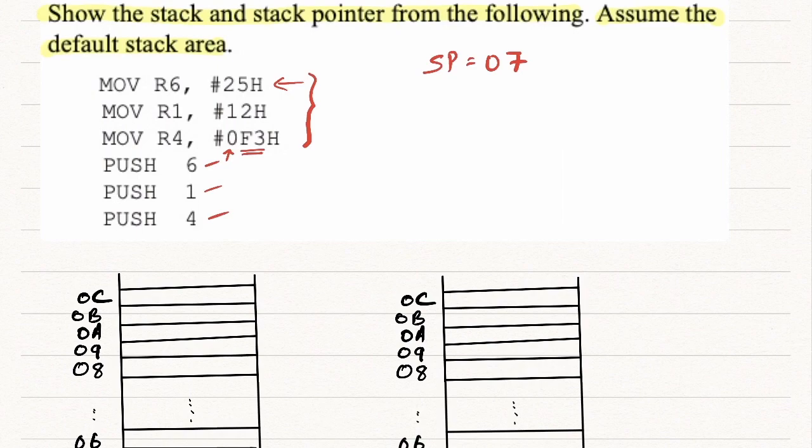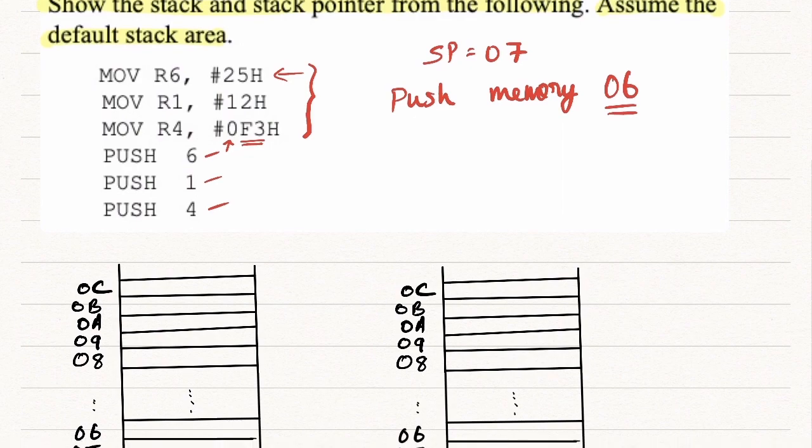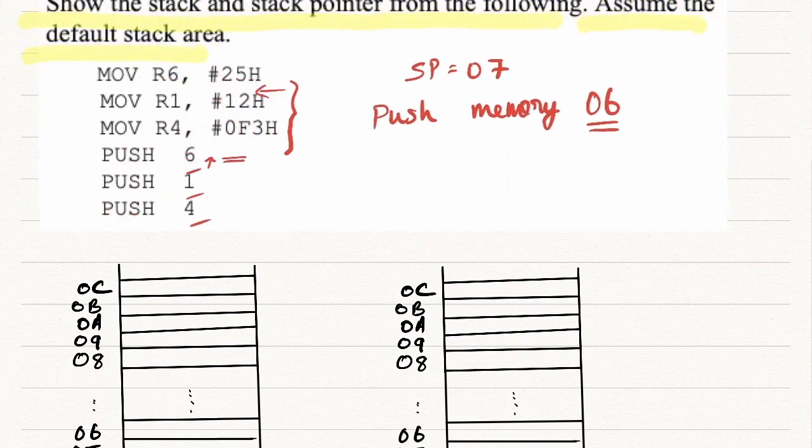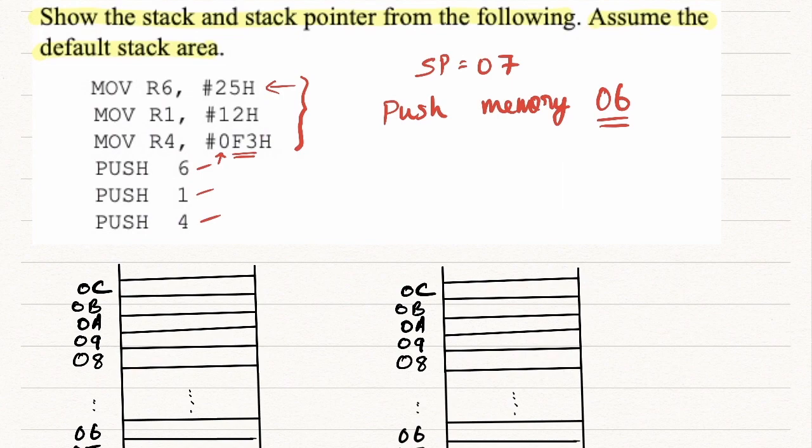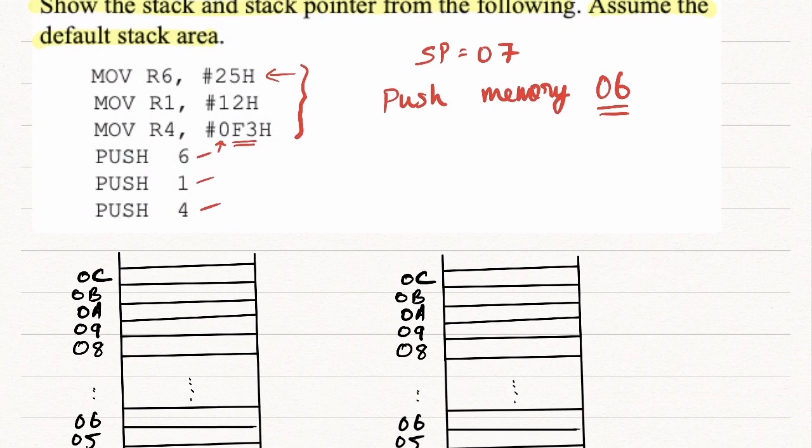So when you say push 6, the idea is we are pushing the content of memory location 6, which has the address 06, to the stack. Here we have defined the stack to have the default address which is 07, and the stack memory will now definitely be from 8 onwards, because SP is 07.